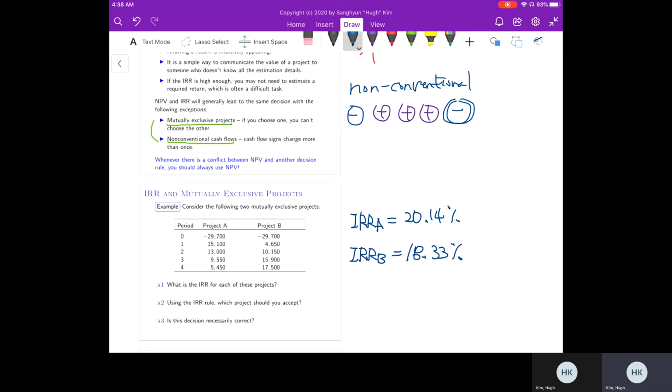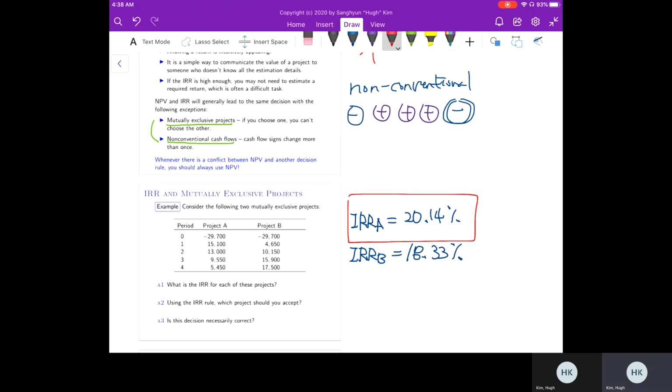Based on the IRR rule, which project should we accept? The higher the IRR, the better, so we may be inclined to accept project A. The question is, will this be a correct decision?